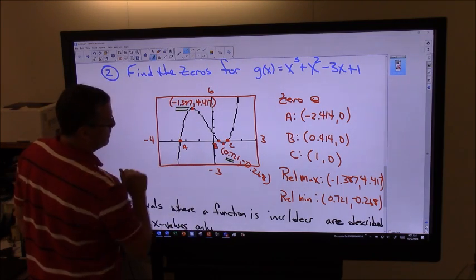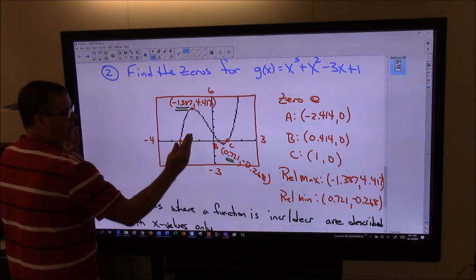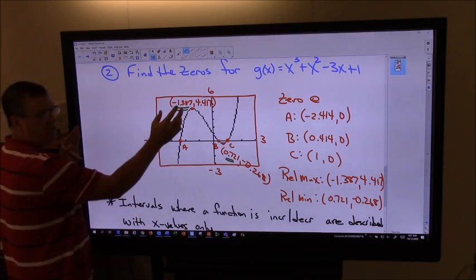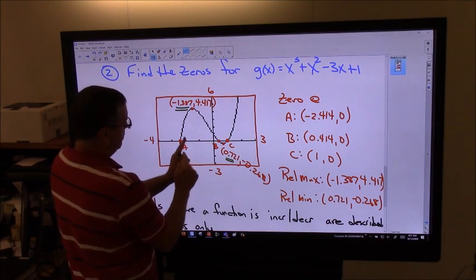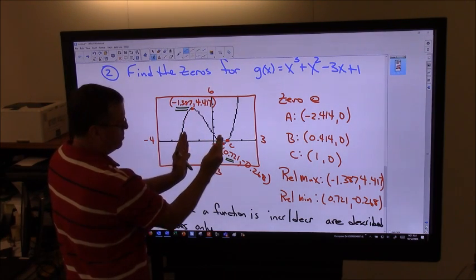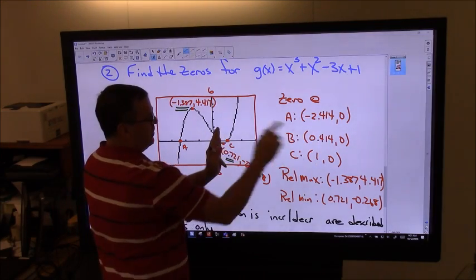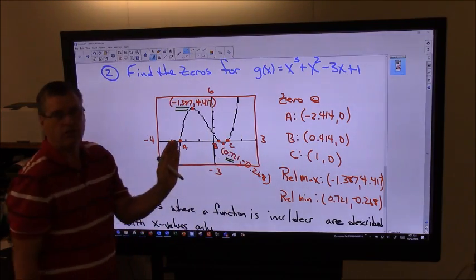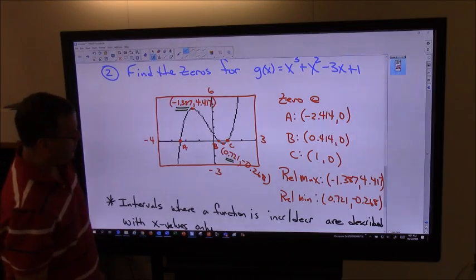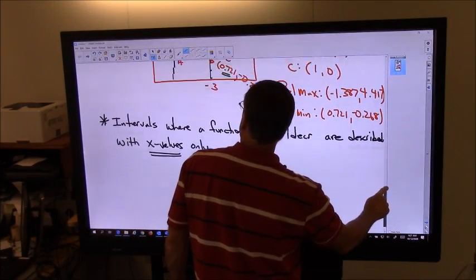That's where I hit this maximum. So this entire interval on the x-axis has y values that are increasing. And then I've got an interval from here to here where the y values are decreasing. So I got to list these x values. And then from here on out to infinity, my y values are increasing again. Okay? So the way I would write this is this way.